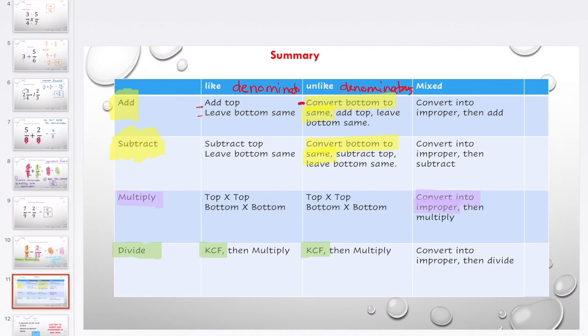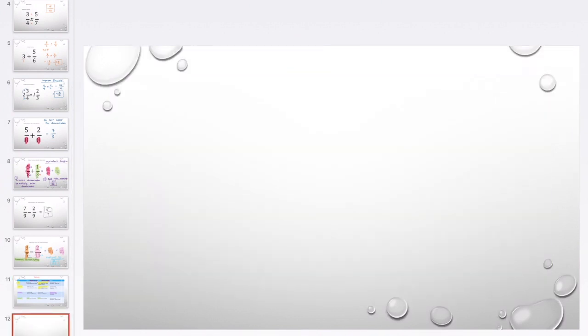Let's add a slide. Now this is your problem. You're going to solve this problem. I'm actually going to give you two problems. Problem 1, problem 2.